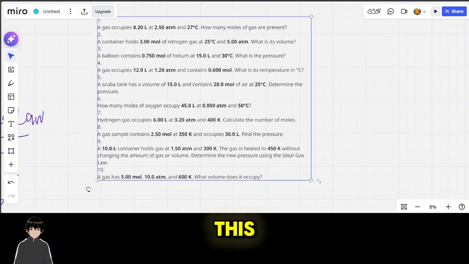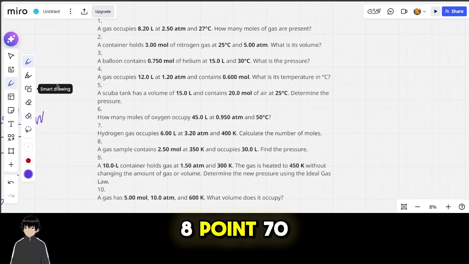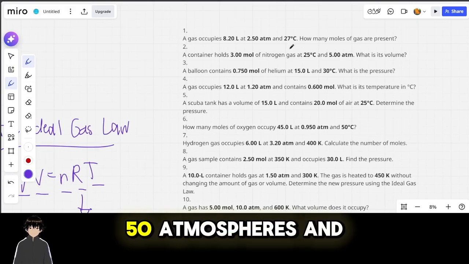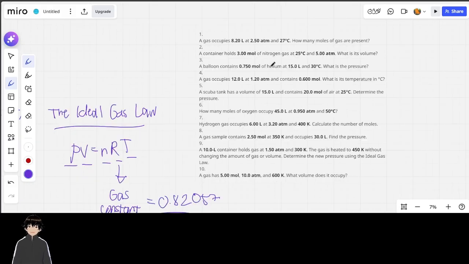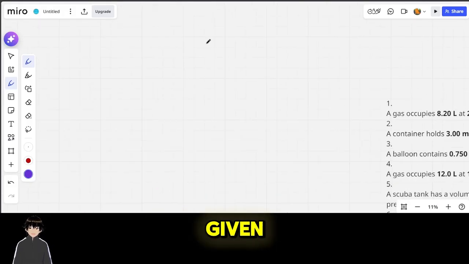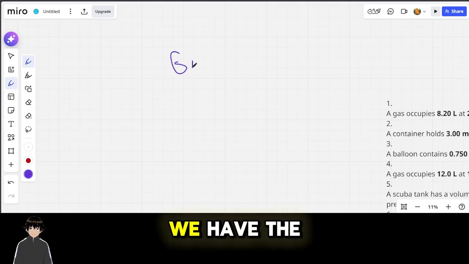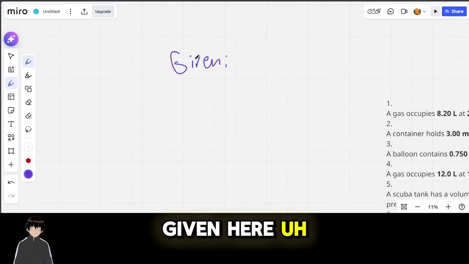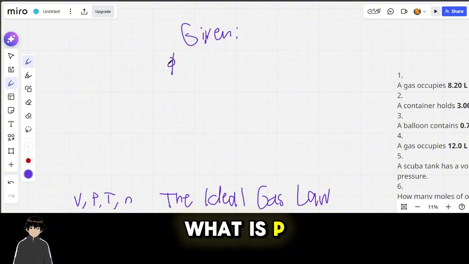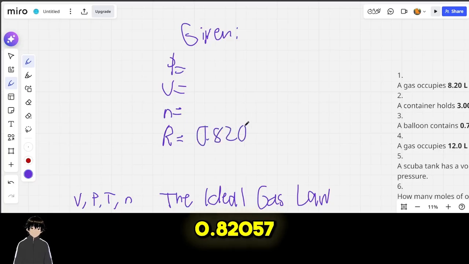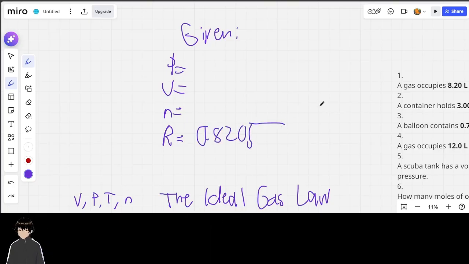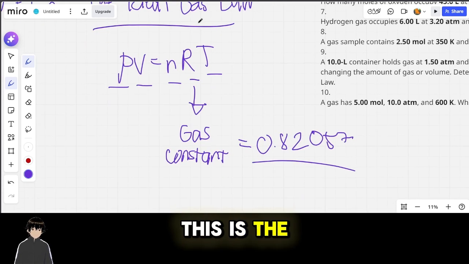So we have this. A gas occupies 8.20 liters at 2.50 atmospheres and 27 degrees Celsius. So let's first write out our given. What is P, V, n, R, 0.82057. This is the gas constant.